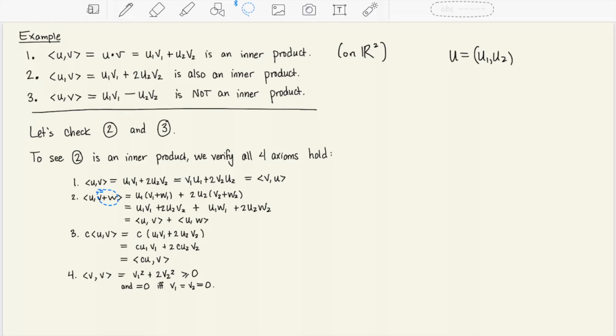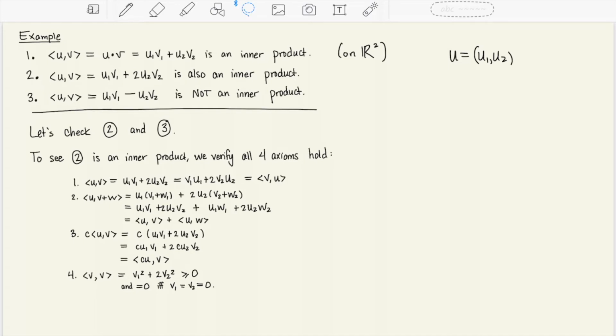So when we write this out, we have u1 times (v1 plus w1) plus 2u2 times (v2 plus w2), with each sum inside parentheses, because we evaluate this expression from the inside out. Then use simple arithmetic to write it out, and regrouping terms, we see that this is u paired with v plus u paired with w. Checking the third axiom is also similar.